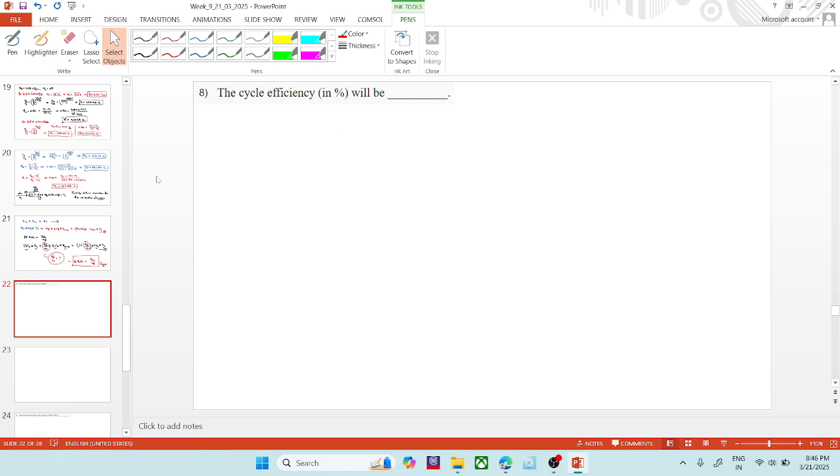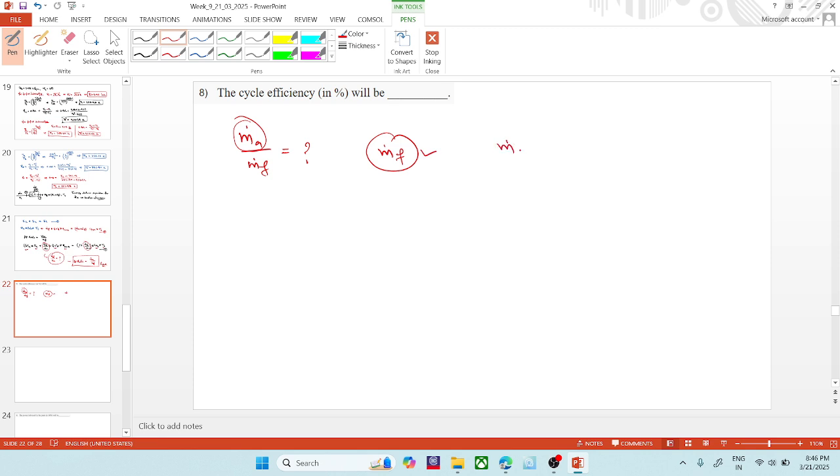Okay, so once we get m dot a by m dot f, and this value is given, then we can determine the value of m dot f.